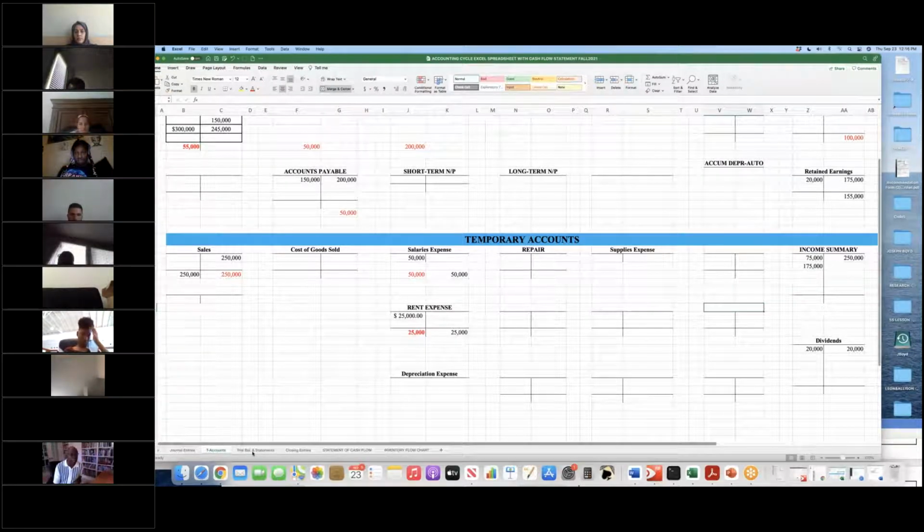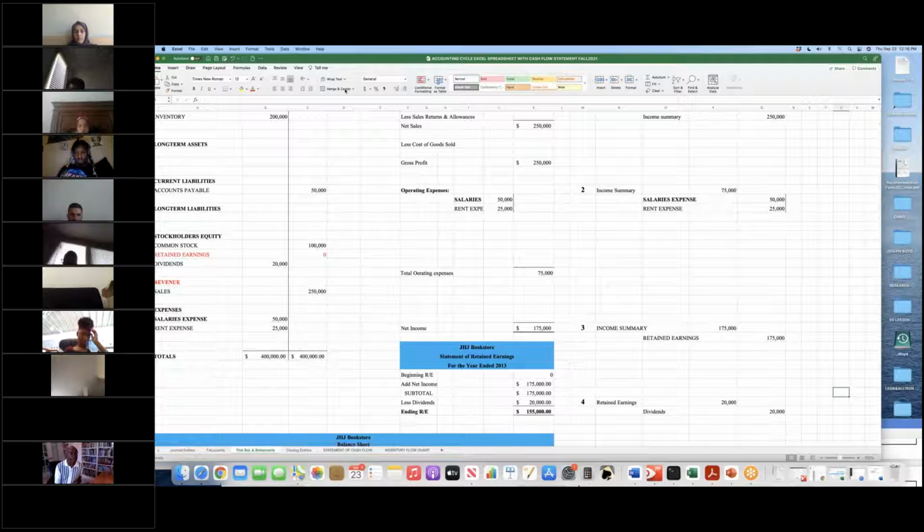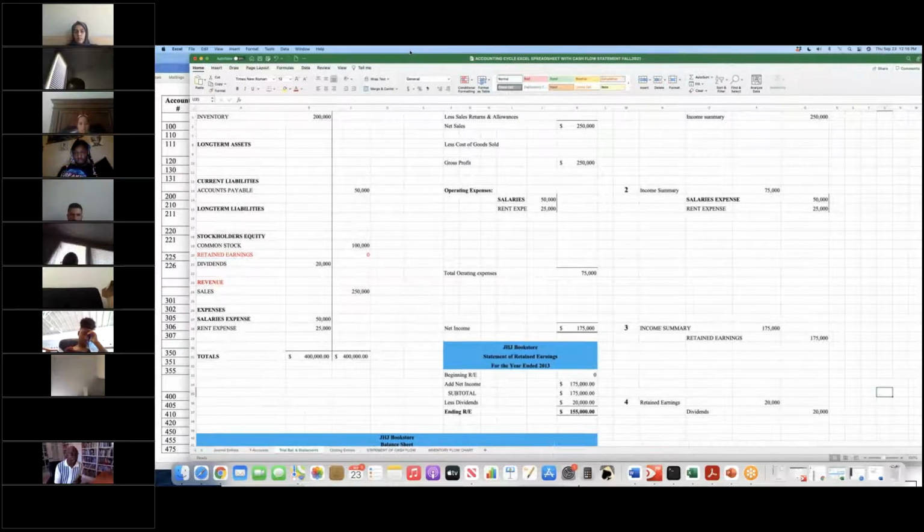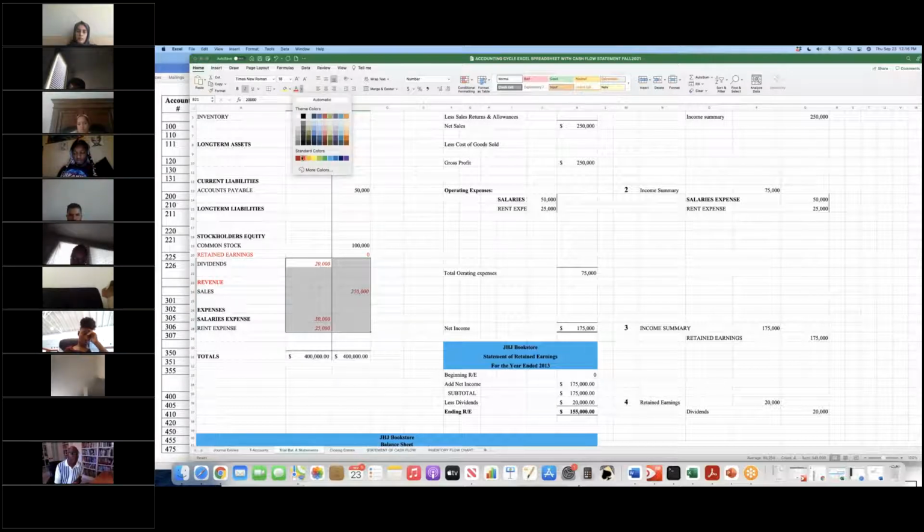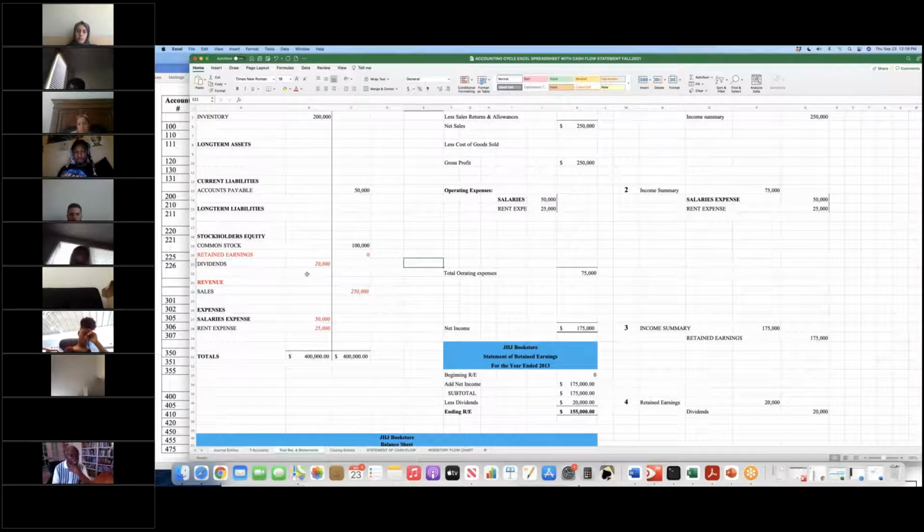So go back to the trial balance. In effect, all of these items down here, I'll just italicize them in bold. Maybe I'll put them in red. All of these items are closed out.